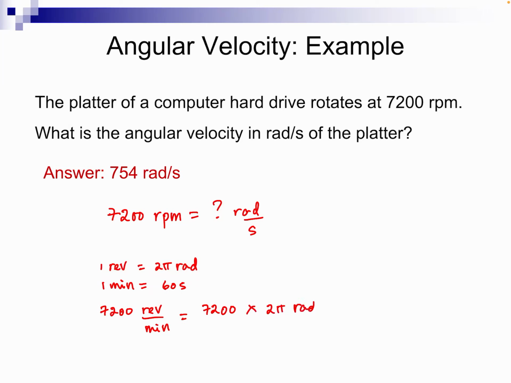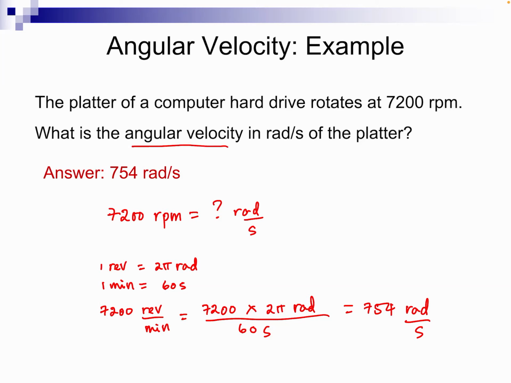So that's 2 pi radians divided by minute. We don't want minute, we want seconds, but 1 minute is equal to 60 seconds. So then this gives us the expected answer as shown here, 754 radians per second. Radians per second is the unit for angular velocity.